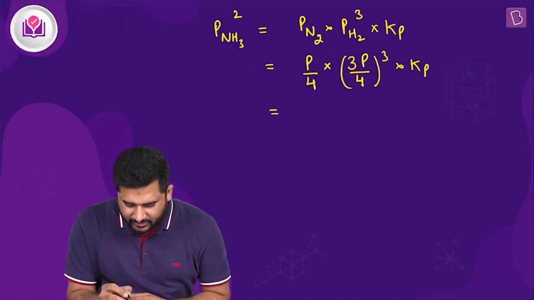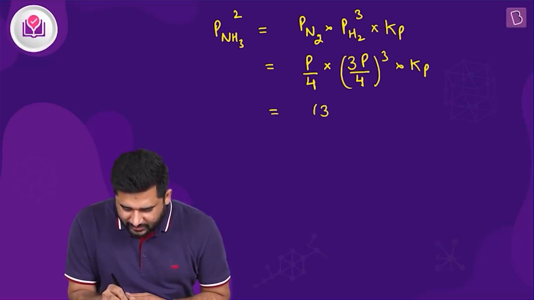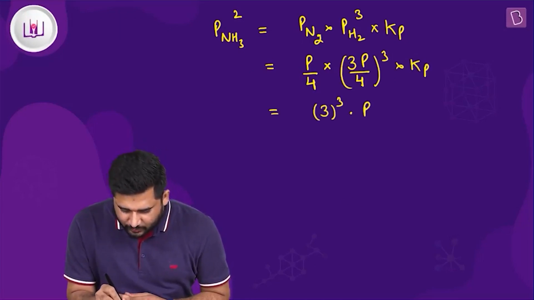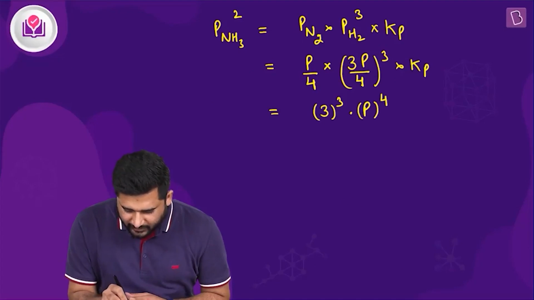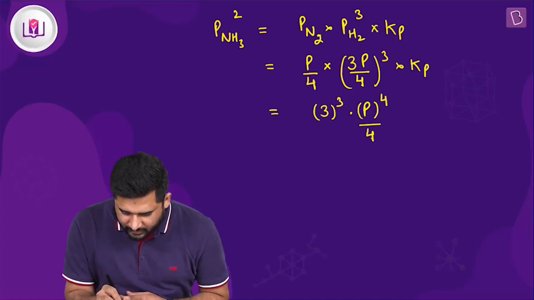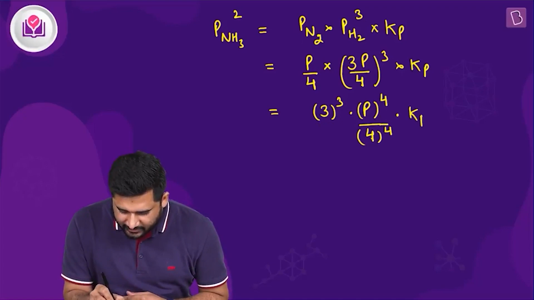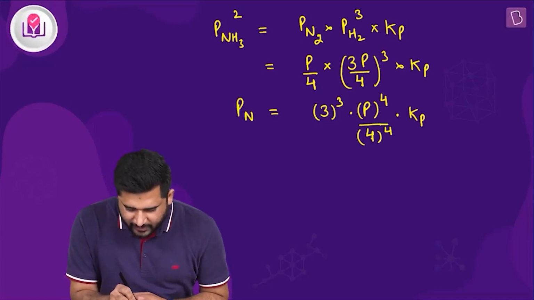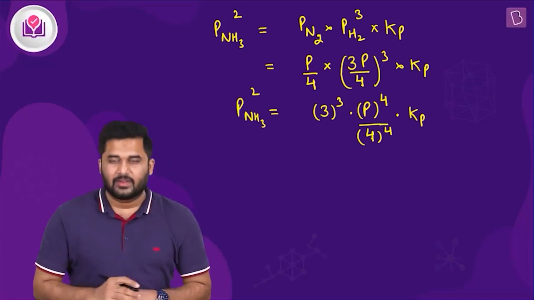Clear? So now you can see what we can write here is 3 raised to power 3 into P raised to power 4, and what else we have is 4 raised to power 4 and Kp. Clear? And this is equal to the square of the partial pressure of ammonia, isn't it?